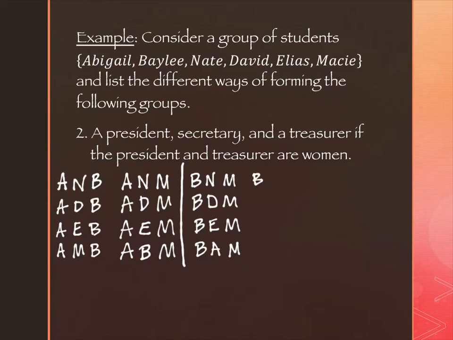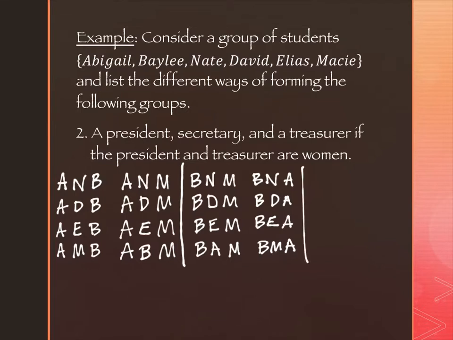So all the way down, I have Bailey at the beginning and Abigail, the A, at the end. And what will go in between? N, D, E. Those are my 3 men, and then M for Macy. Am I done with Bailey in the first position? Yes, I am.